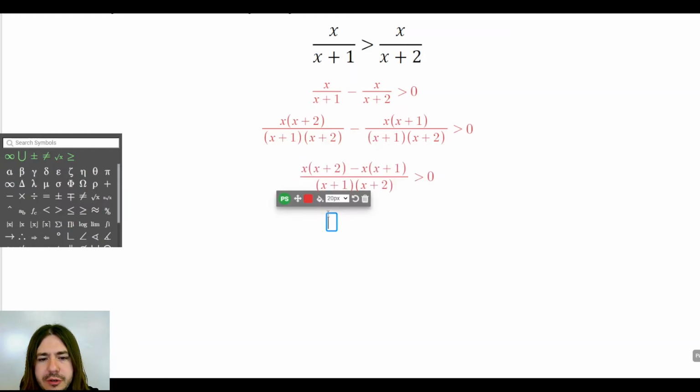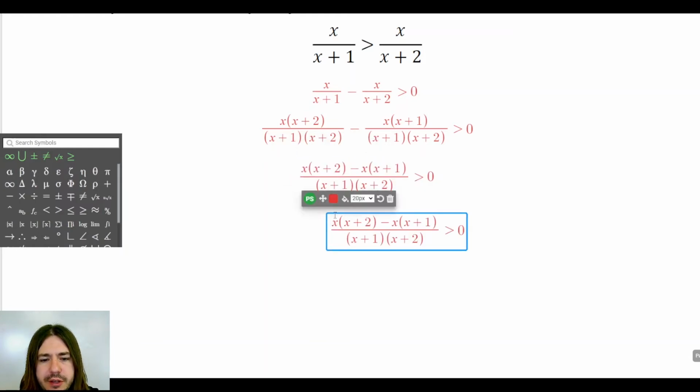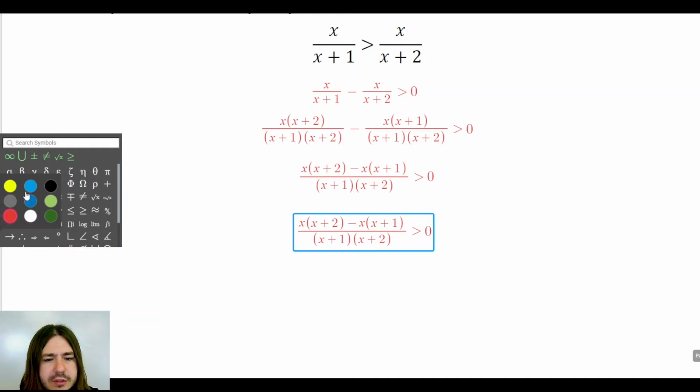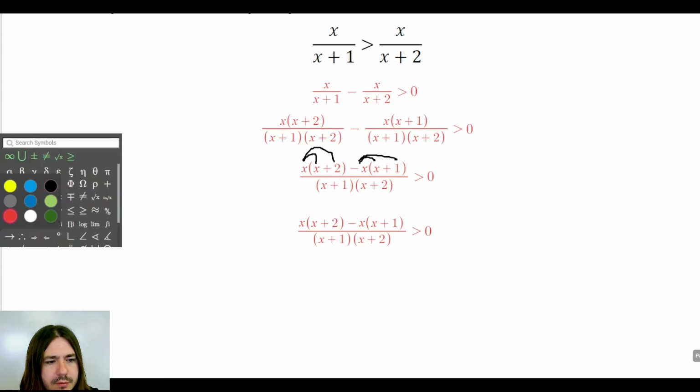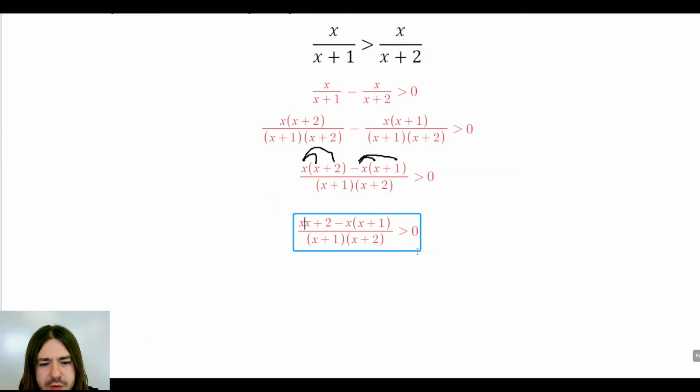So the first thing I'm going to do is use the distributive property here and multiply, for instance, this x into the x plus 2, and then this negative x in here. Okay, so this will be x squared plus 2x minus x squared.